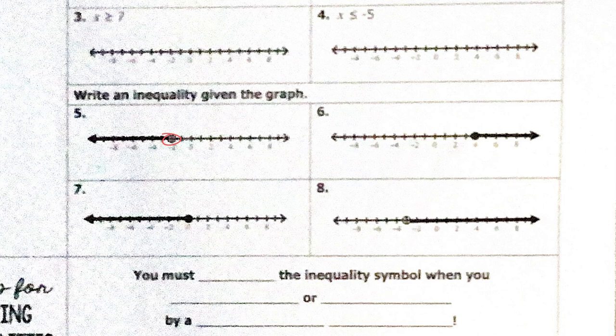And that arrow's going which direction? To the left. So this would be x values that are less than -6. So you're looking at a graph and being able to say, here's the inequality that this graph represents. The graph is in place, and you're trying to come up with the inequality that matches the graph.